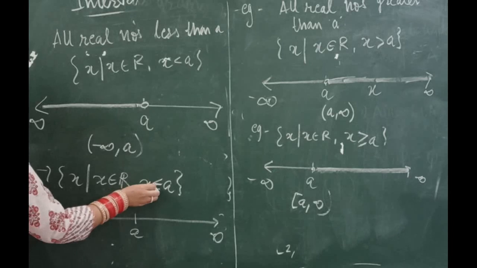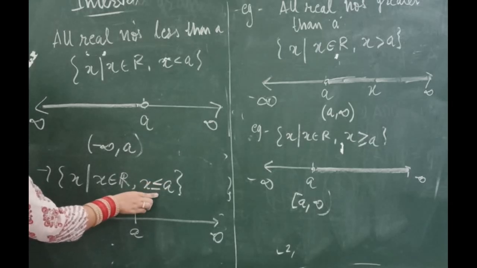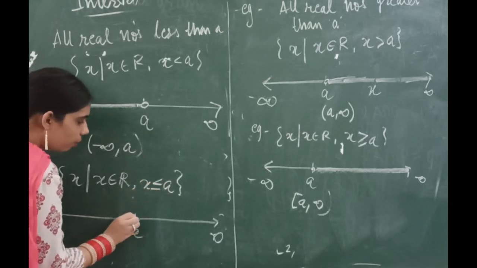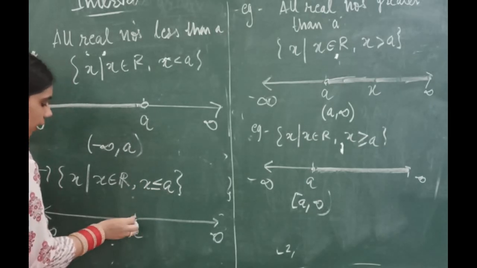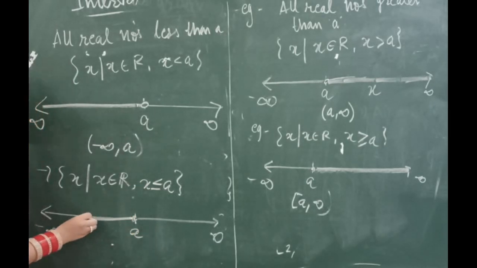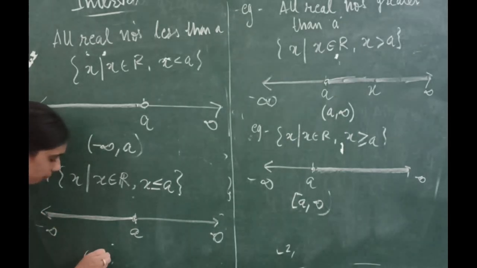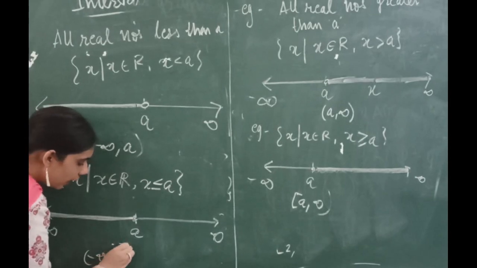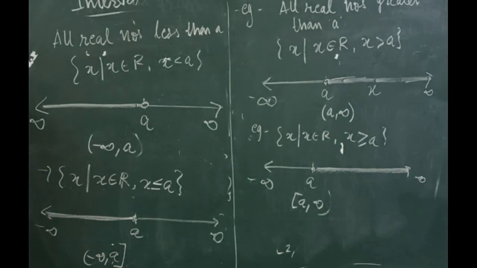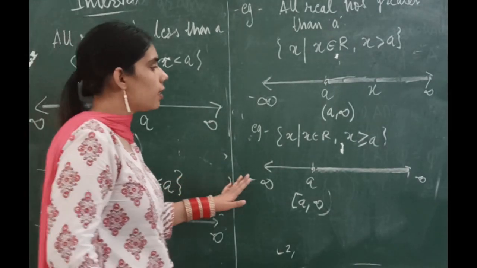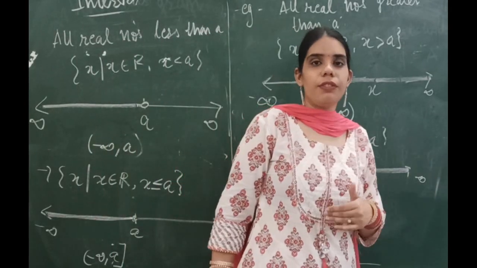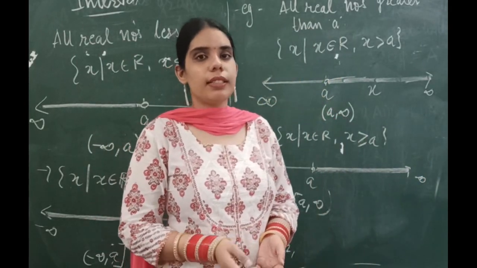I am saying X is less than or equal to A, therefore I will put a solid dot here. I will simply bold this line, and if I have to write it, I will write minus infinity to A in a closed bracket. So students, all that you have done right now comes under sets.